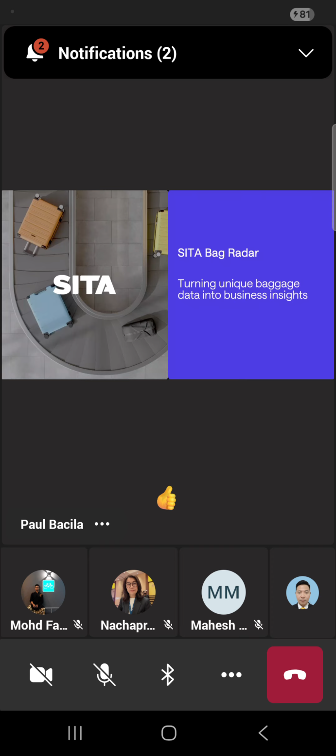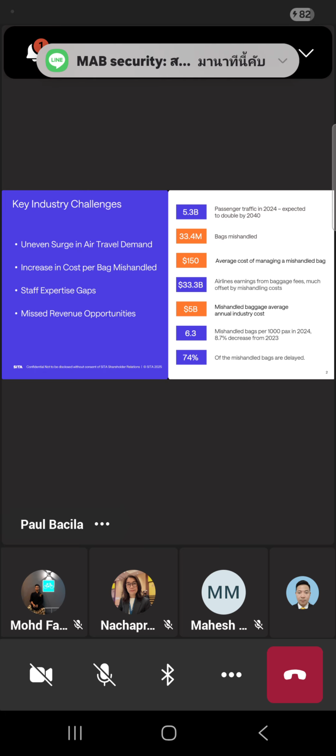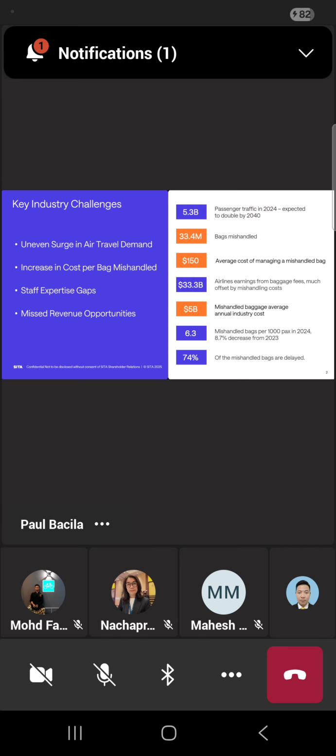So basically, I will start with the problem statement. As you all know, I'll be brief about this one. There is an increase in air travel demand, and there are high costs for mishandled bags. A SITA IT Insights report shows that 33 million bags were mishandled in 2024, with an average cost of $150, giving the industry a cost of 5 billion.